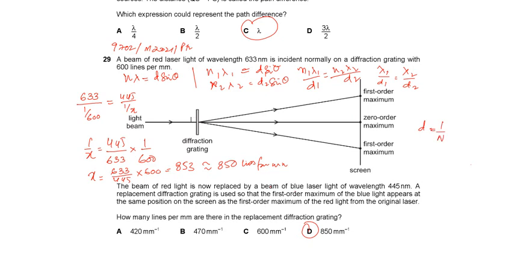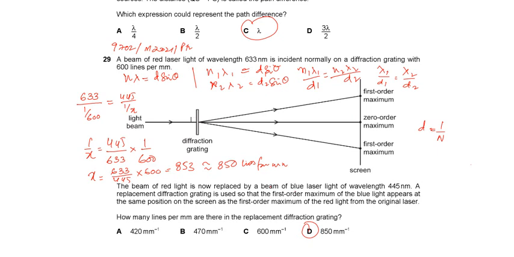So 633 over 1 over 600 equals 445 over 1 over x. The nanometer unit is the same in both cases, so we do not have to write it. x is the number of lines per millimeter of the second diffraction grating.